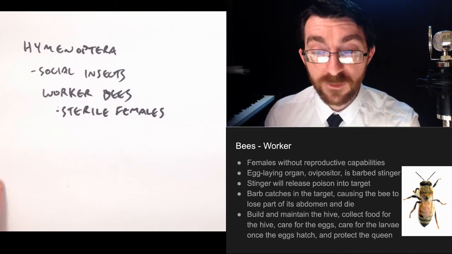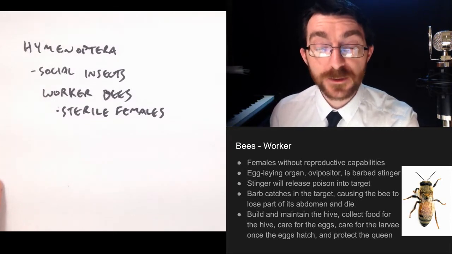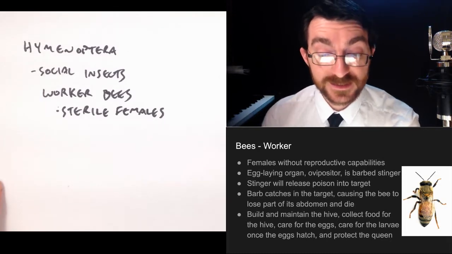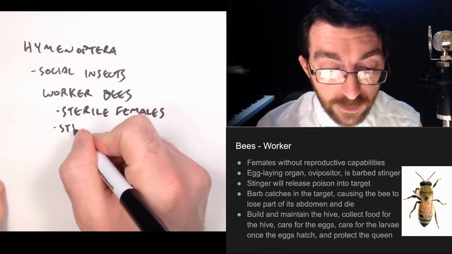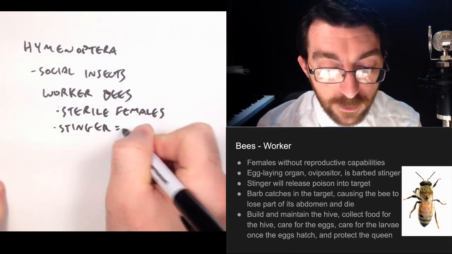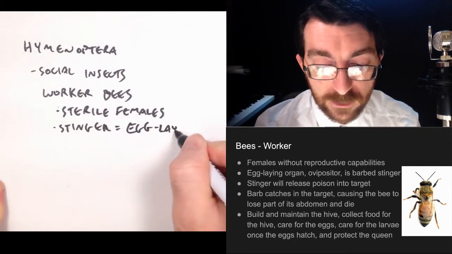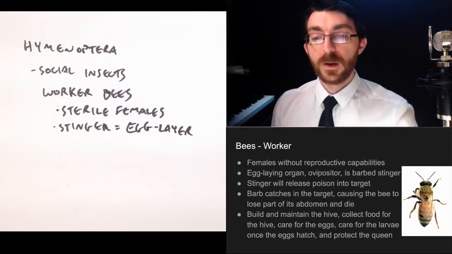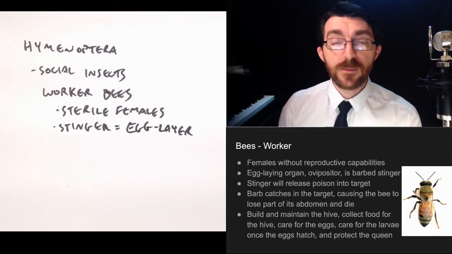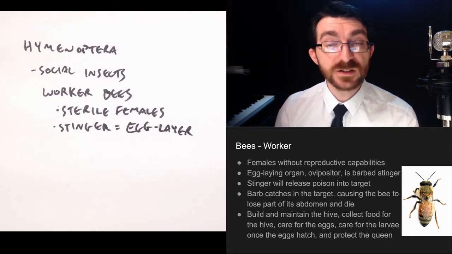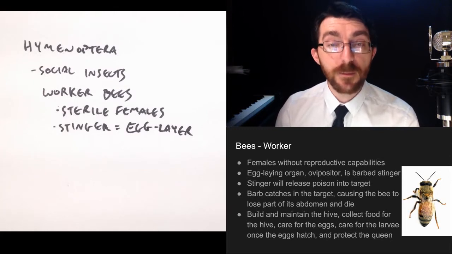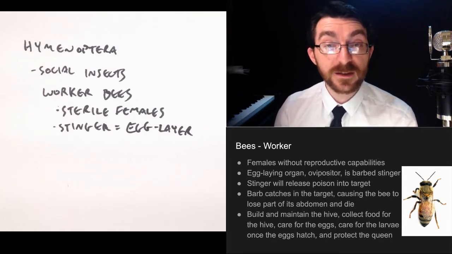The name of the egg-laying organ is the ovipositor, and with a barb on the end and the ability to inject venom, that thing is a stinger. So basically, I could just write here, stinger equals egg layer. Only female bees are going to be able to sting because males do not possess the ability to lay eggs, so they don't have an ovipositor.